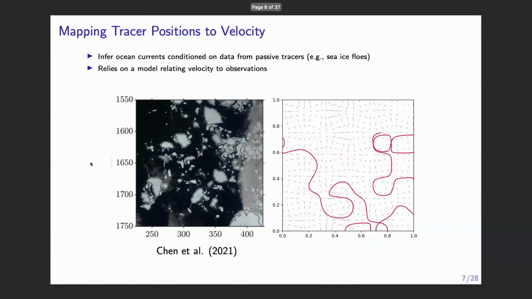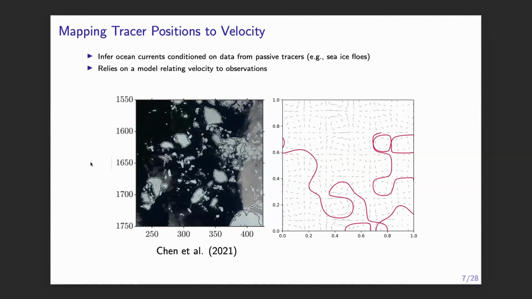And in particular, it allows us to solve this retrieval problem, which can be thought of as solving a type of inverse problem that takes in a text prompt and outputs the most similar image in a database, which is also useful for scientific tasks. So if, for instance, we get some data that tracks the positions of sea ice floes in the ocean, one inverse problem that oceanographers are very interested in is to try to back out what are the ocean currents that led to a particular trajectory for the sea ice floe.